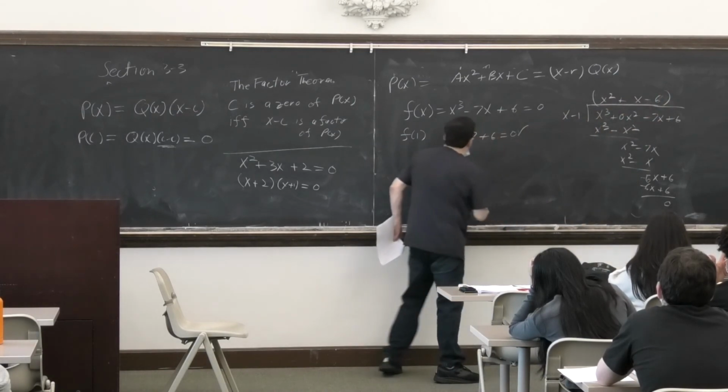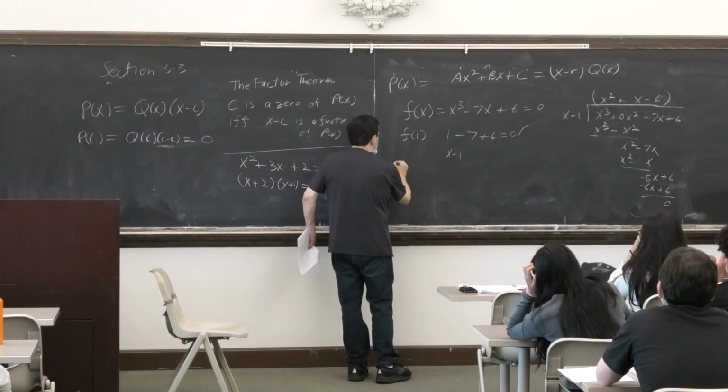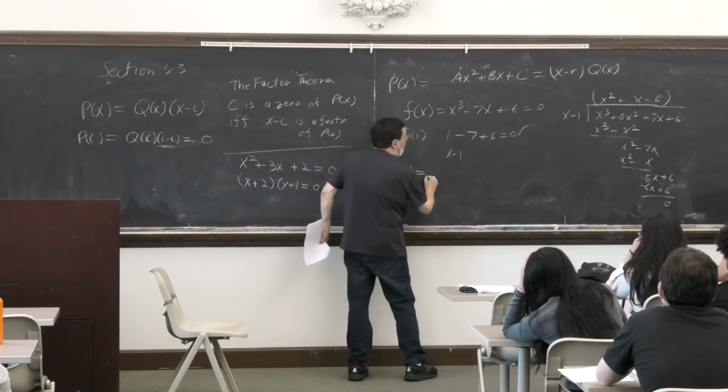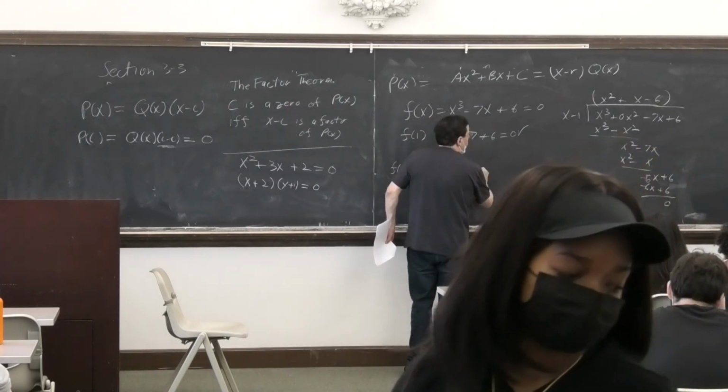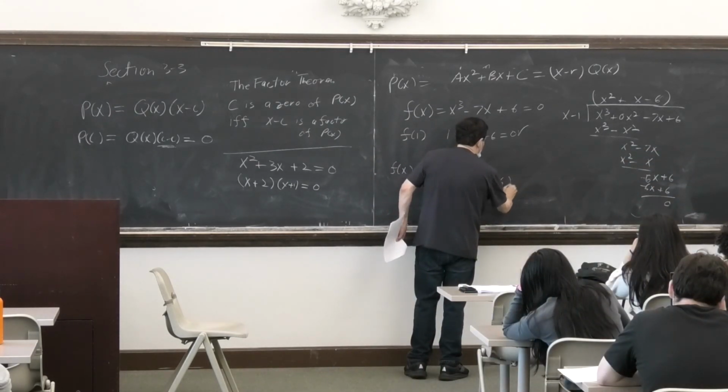So now I know that the factors of f of x include x minus 1 and x squared plus x minus 6.